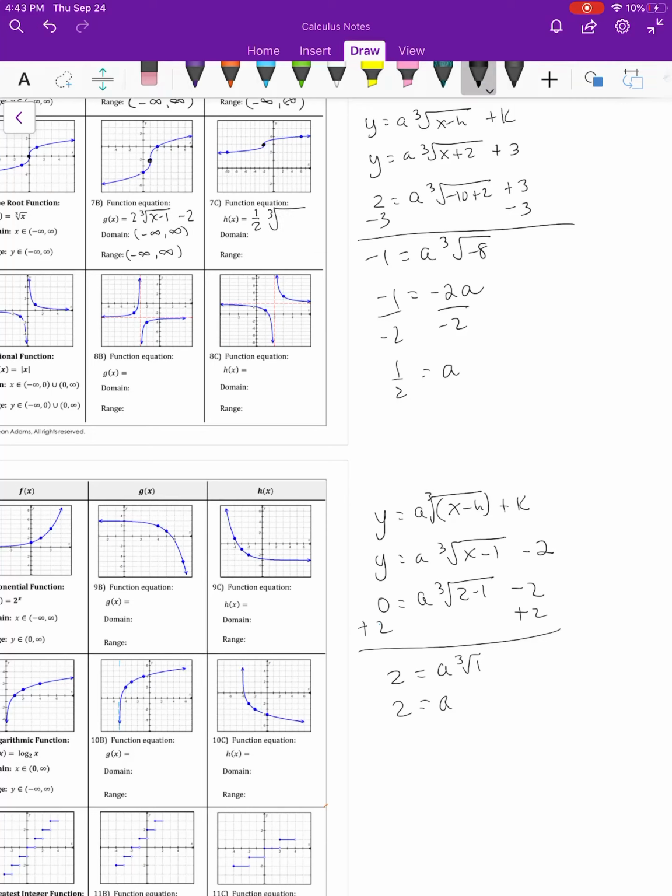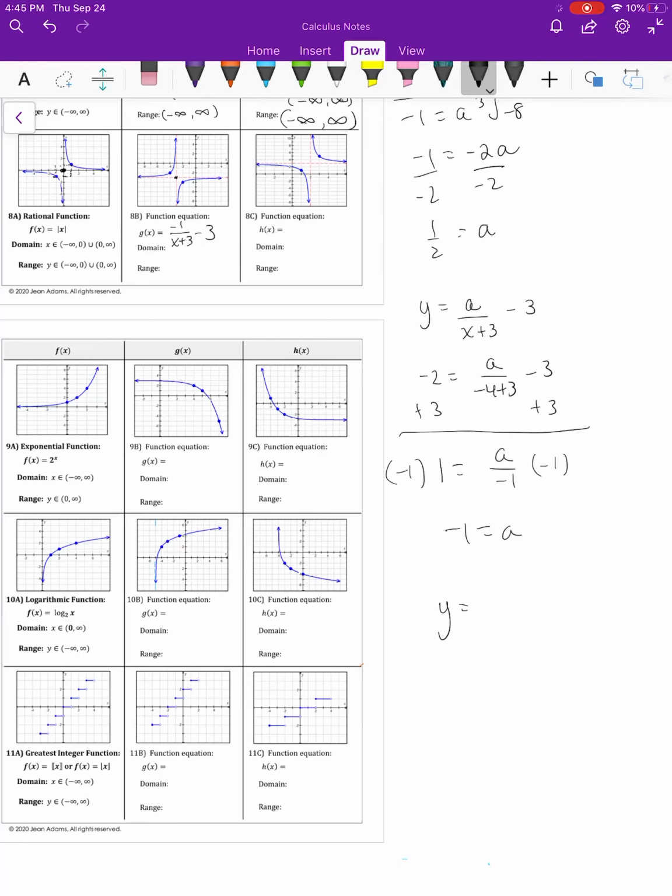And so, actually, I think I'm going to add 3 to both sides first. So 1 equals a over negative 1. And multiply by negative 1 on both sides. And our a is negative 1. So this is going to be negative 1 over x plus 3 minus 3. Now, if you want, you can add those.